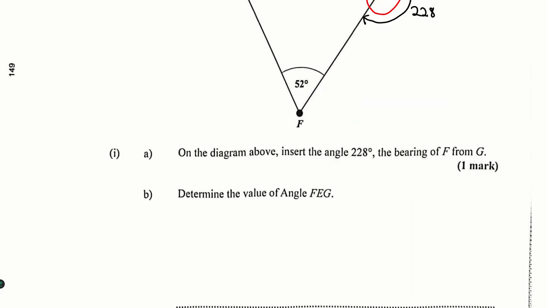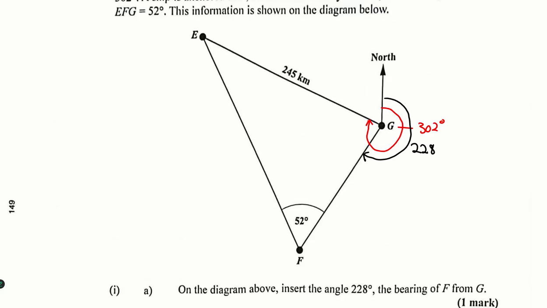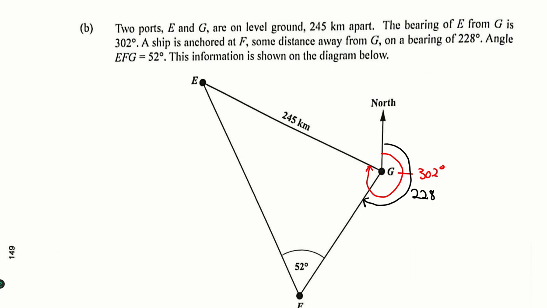Alright, on the diagram above, insert the bearing 228, so I already did that, right? In black. Determine the value of angle FEG. So first off, we can see this angle G. Let's use green.